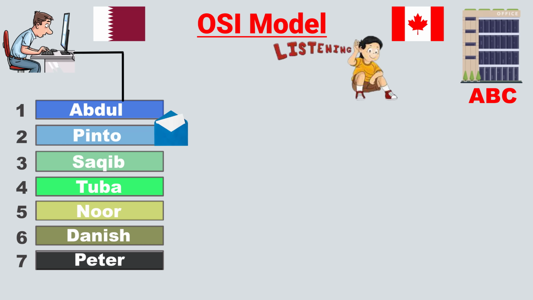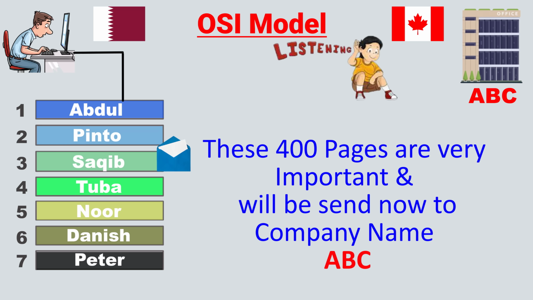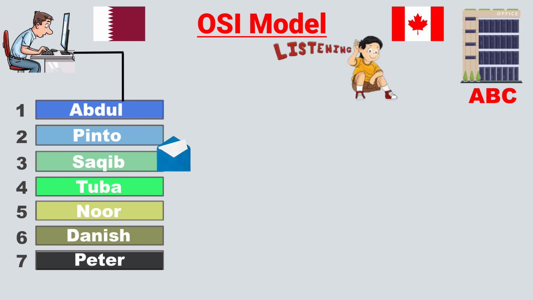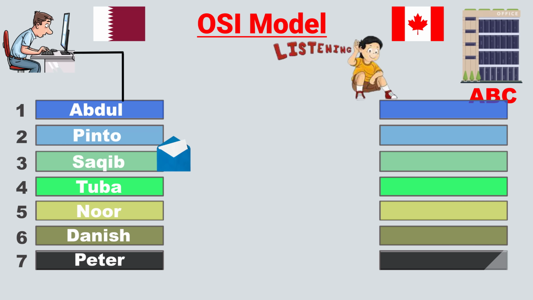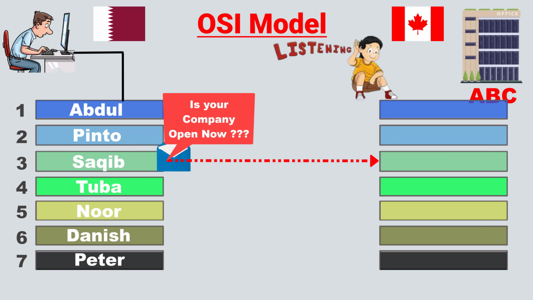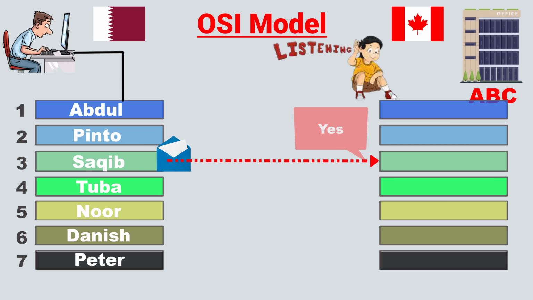After converting, Pintu handed over this 400 pages of data to Saqib and informed Saqib these 400 pages are very important and will be sent now to the company named ABC. Saqib first contacted the ABC company, on his equivalent position person, and asked, is your company open now? They replied yes.